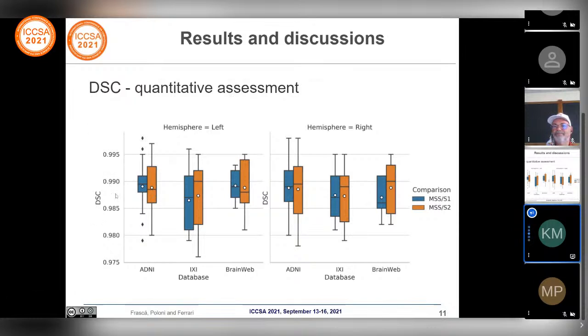These box plots show the values calculated between the MSS segmentation mask and the two specialist ground truths in the colors blue and orange. For both hemispheres, we obtain the highest mean dice of 0.99 for the ADNI datasets compared with both specialists. The global mean DSC was 0.98.